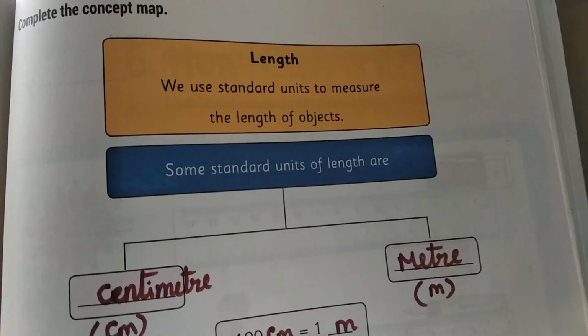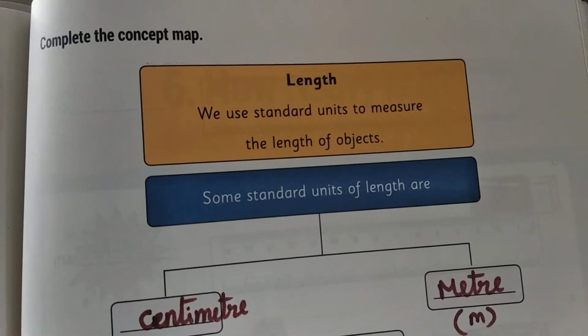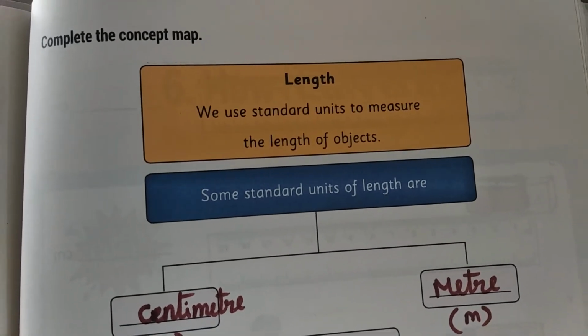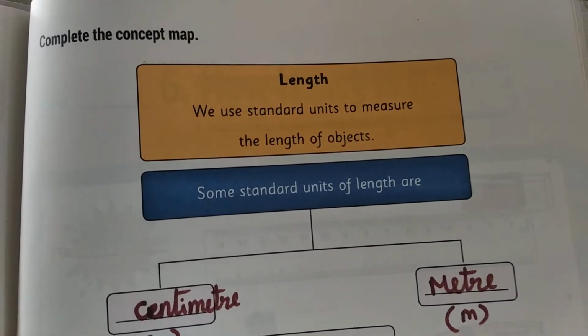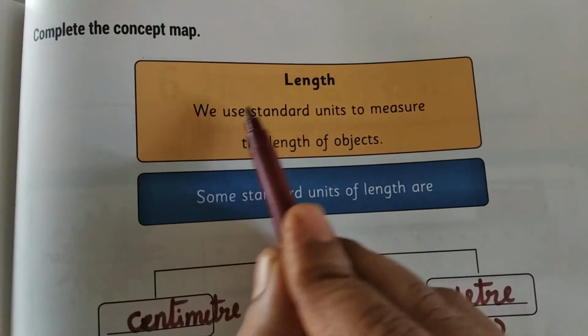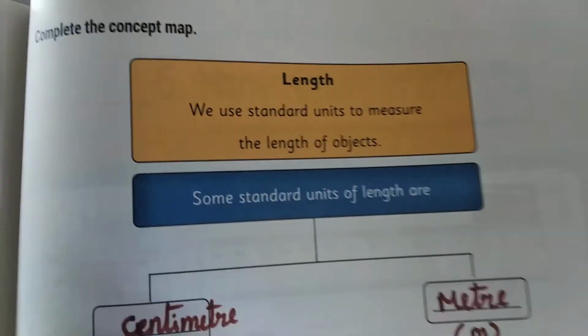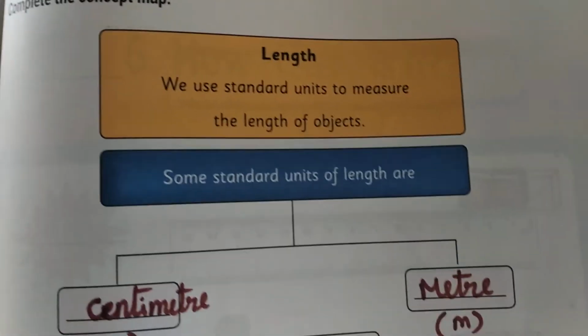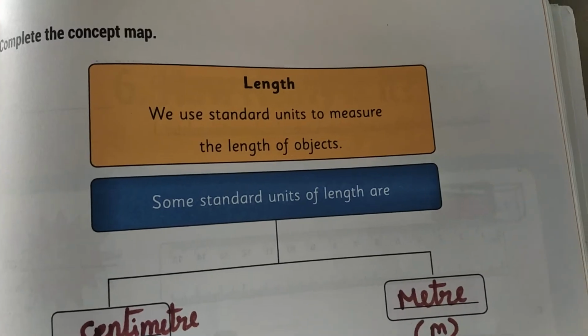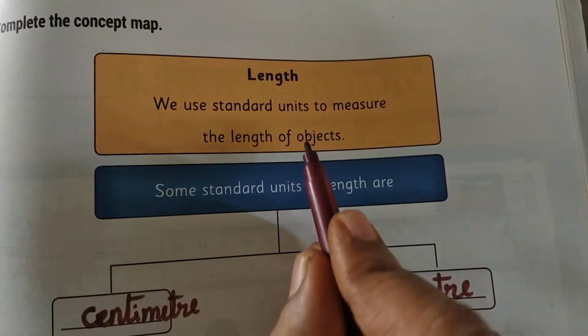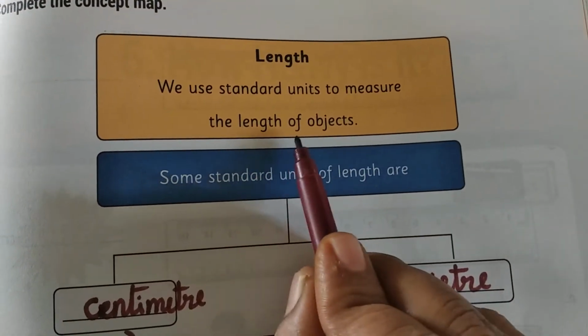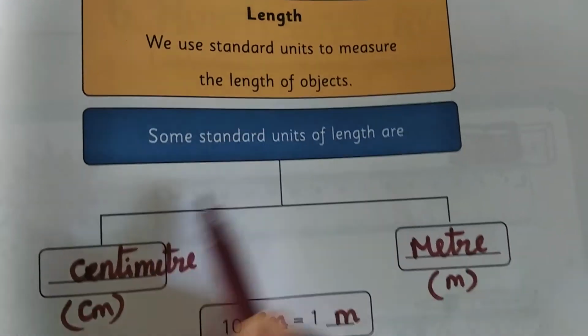So now we came to the end of this lesson. We can complete the concept map. Length: we use standard units to measure the length of the objects. What are the standard units we are using?